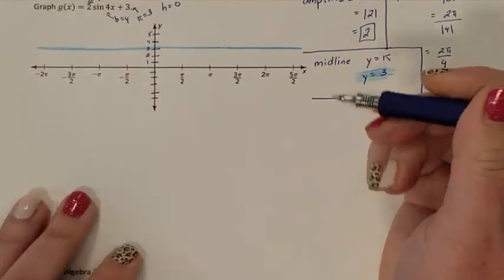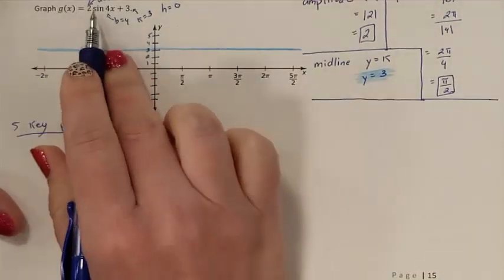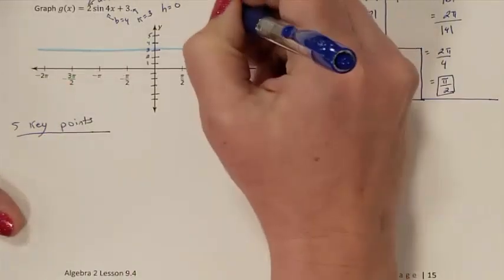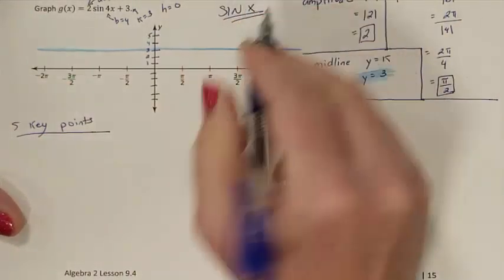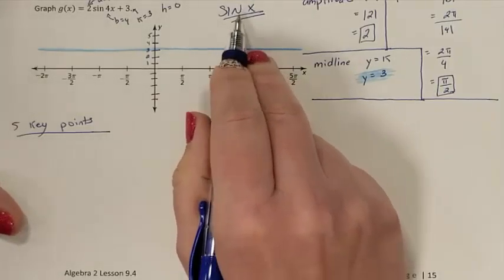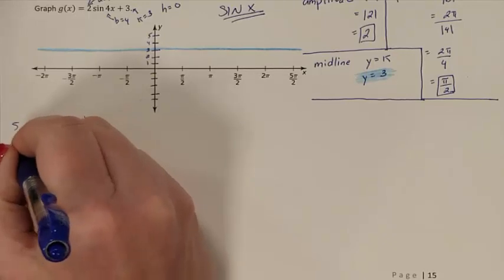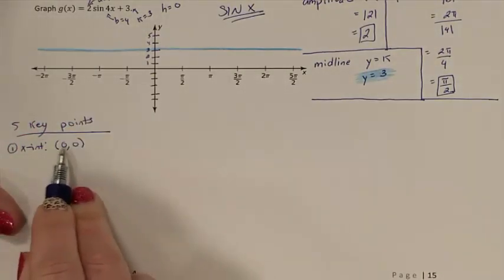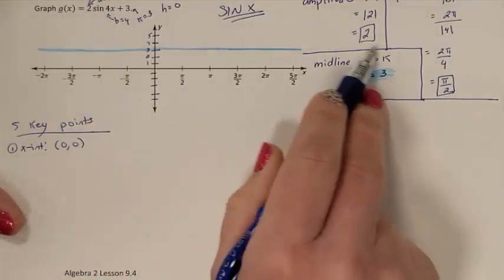Last thing that we need is our 5 key points. So sine and cosine are very different functions and they have different formulas. Because this is sine, we need to make sure that we are definitely looking at the sine formulas. Sine has 3 x-intercepts. So our first x-intercept on sine is normally the coordinate point 0, 0. But we have a k value.